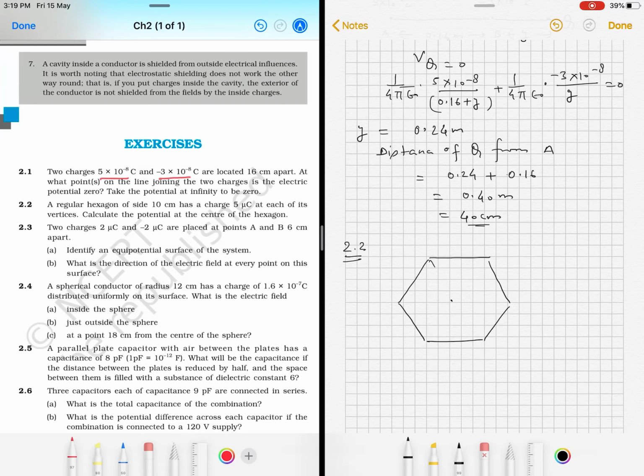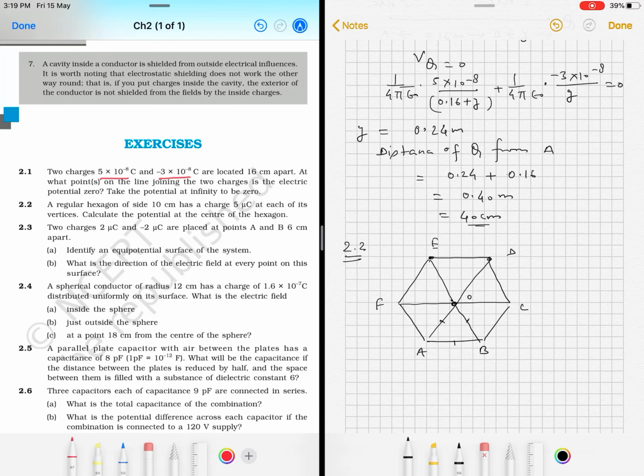So at the center will be the point of intersection of the diagonals. So each triangle will be an equilateral triangle, and each charge will be at the same distance from the center.